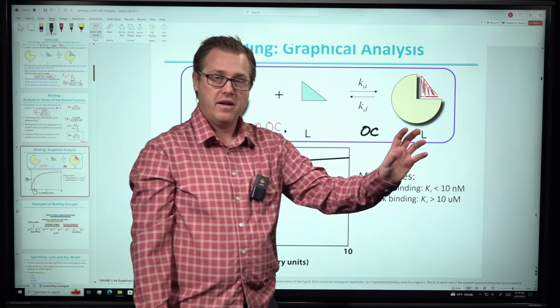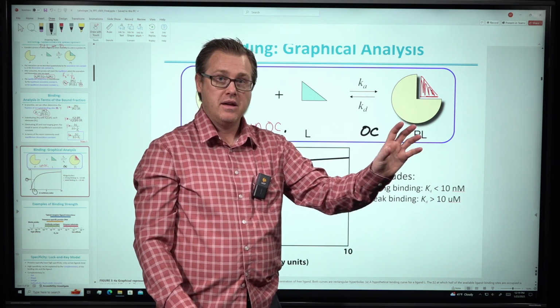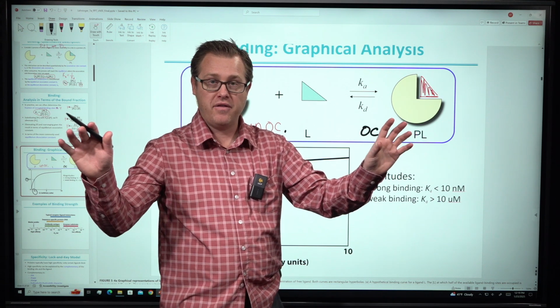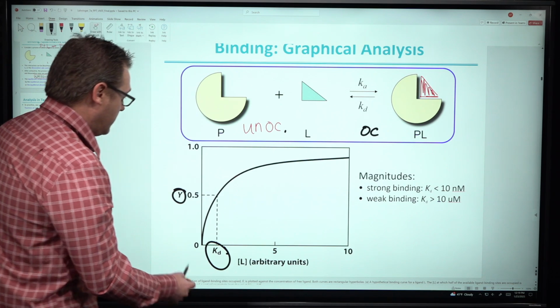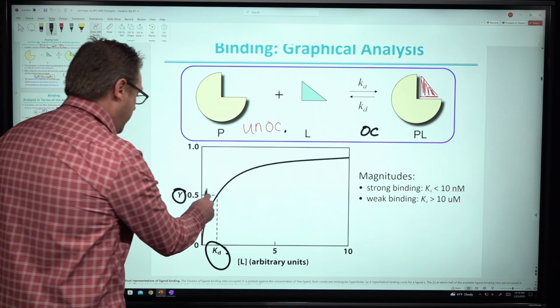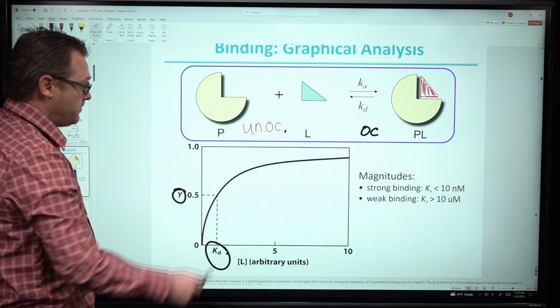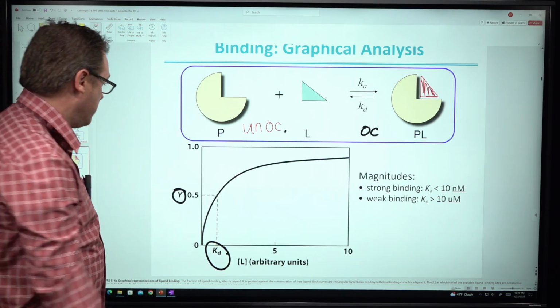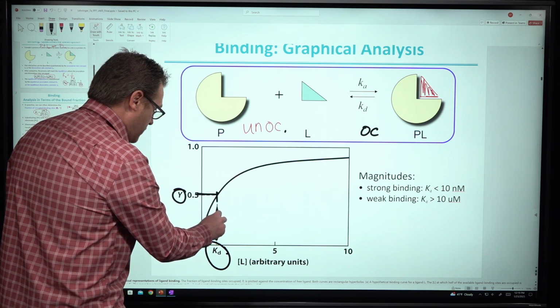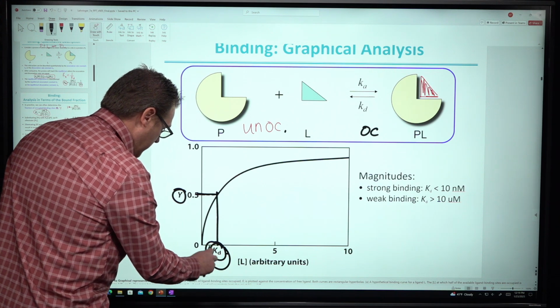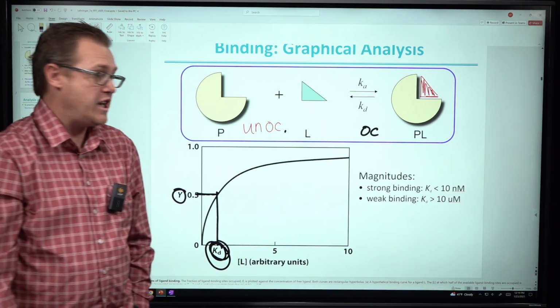We have half of the proteins with ligand bound and half of the proteins with no ligands. They're unoccupied. And so when we run the experiment, we'll see this hyperbolic curve. Once we look at the y-axis, we can extrapolate down, and that's going to be the KD, which is the dissociation constant.